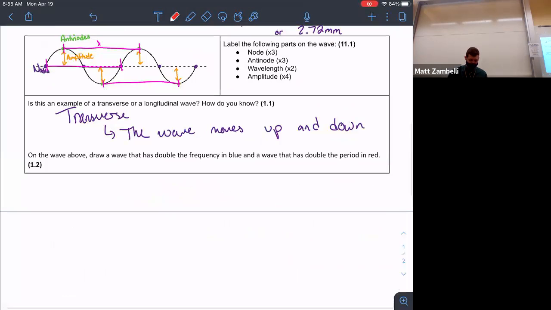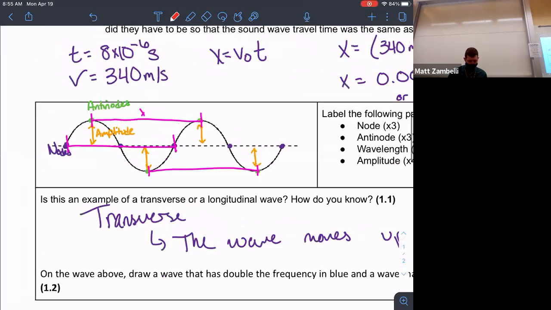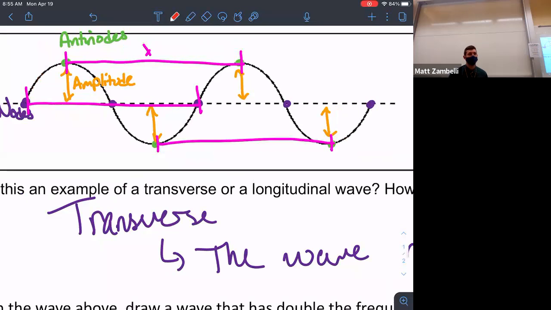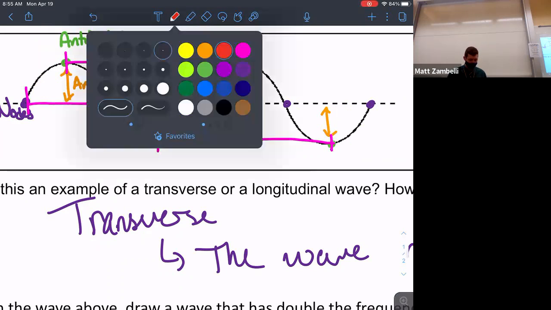Then the last thing it asks us to do is draw a wave with double the frequency in blue and a wave with double the period in red. If we double our period, am I making twice as many waves or half the amount of waves? Or if I double my frequency, what does it mean to double our frequency?